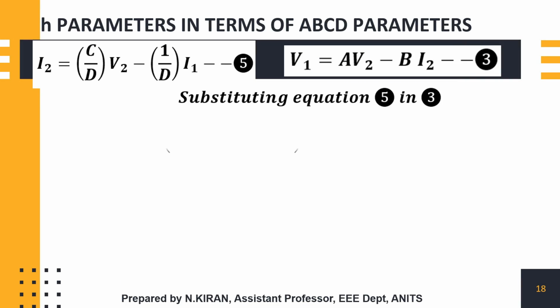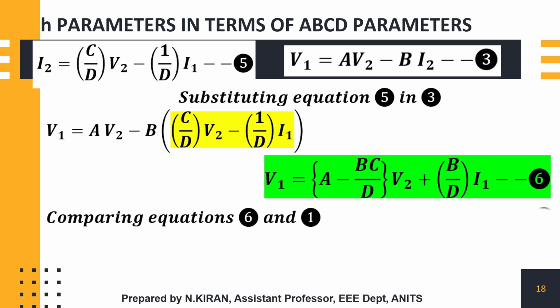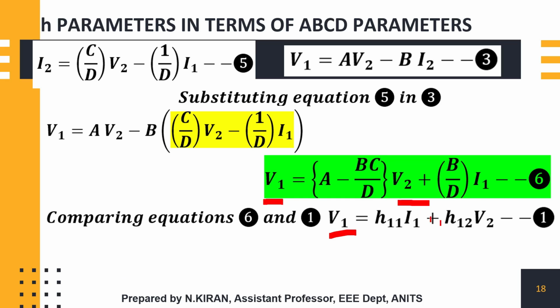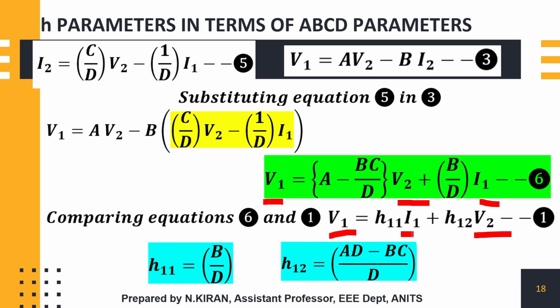On substitution, it will give rise to the equation indicated by equation 6. Now I can compare it with the first equation since it has the same variables, which will give rise to H11 to be B by D and H12 to be AD minus BC by D.